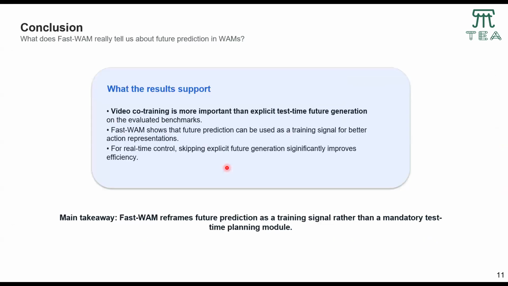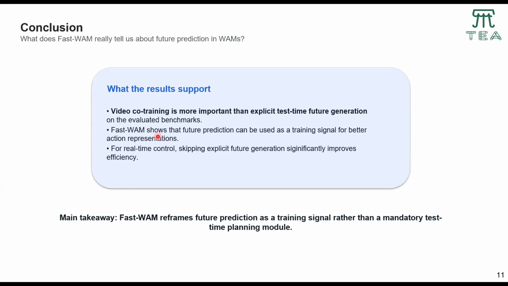Okay, here is the conclusion. From the experimental results, we can conclude that first, the video co-training is very important across both simulation benchmarks and the real-world benchmark. Removing video co-training will cause a clear performance drop.